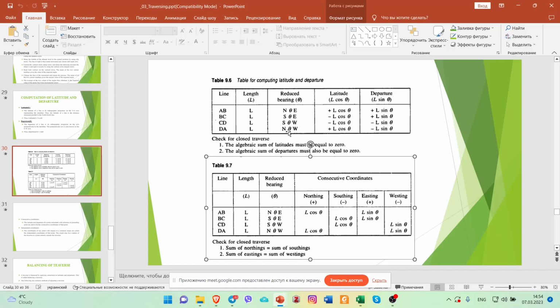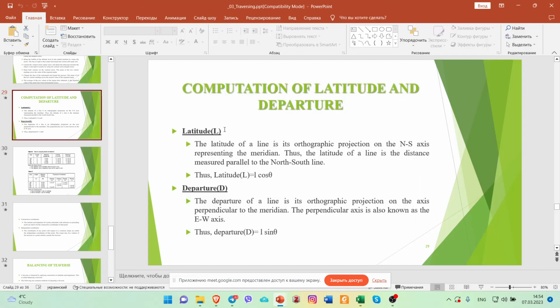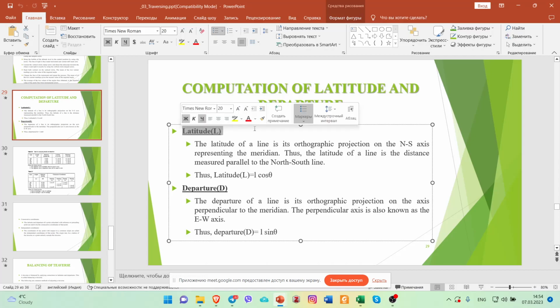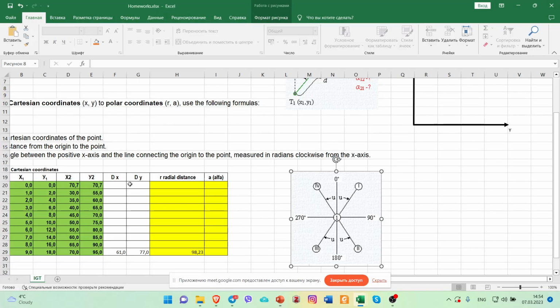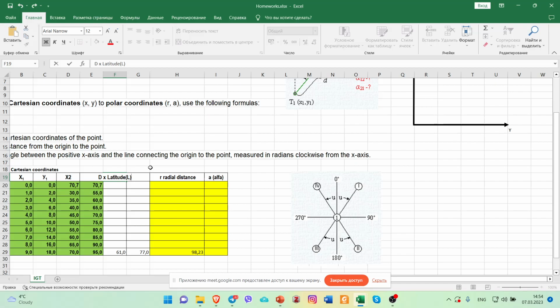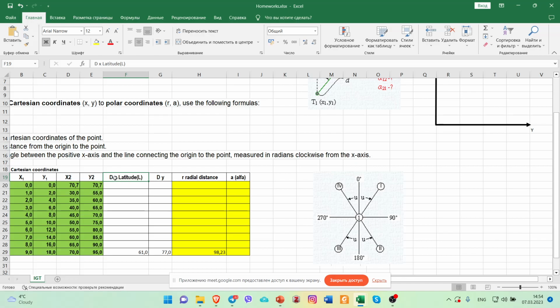In English literature, we can use the latitude term as equal to the delta x. In Ukrainian or Russian, we use delta x.